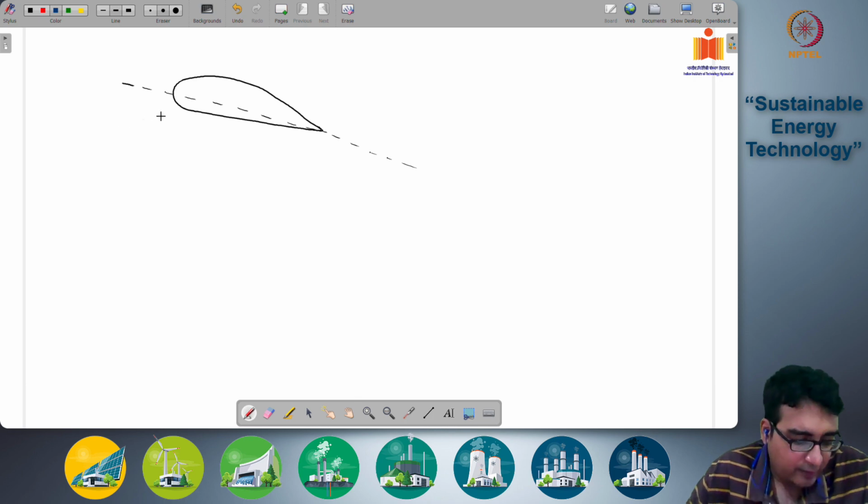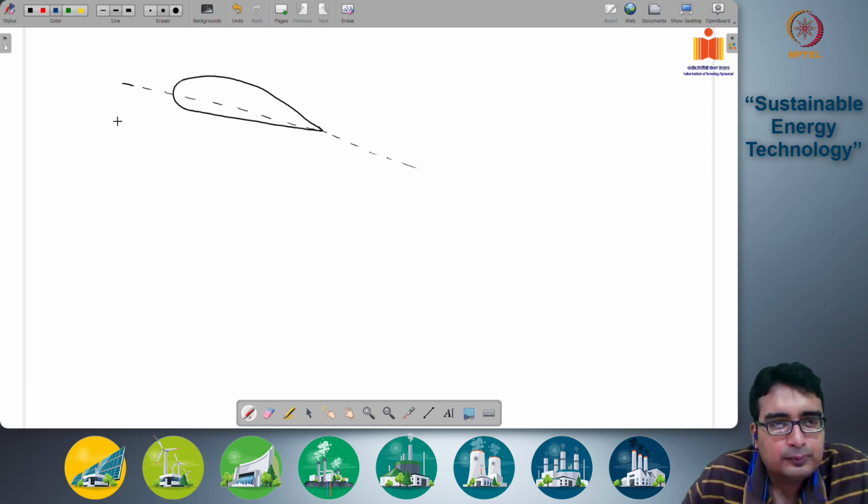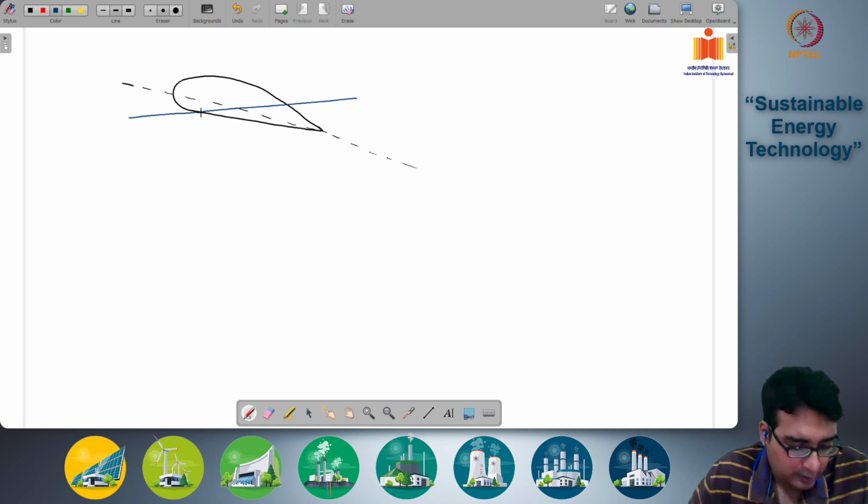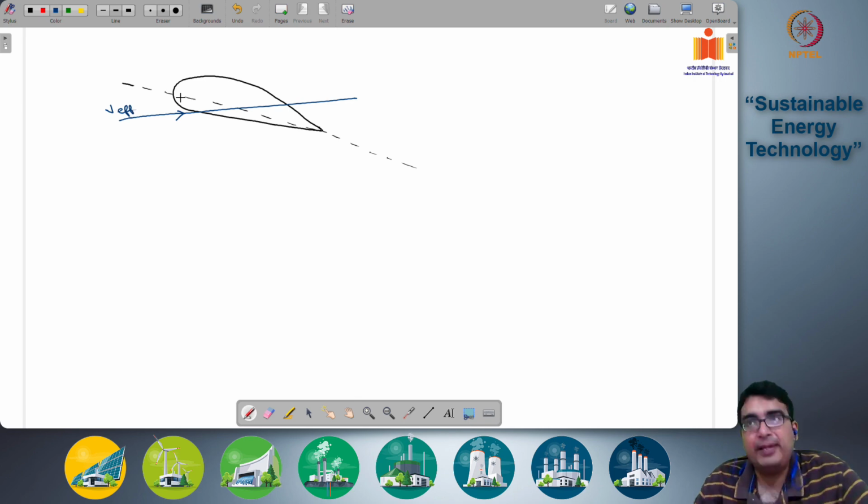The effective velocity, let's say this effective velocity goes like this. So this is your effective velocity. So this is the velocity of the wind with respect to the moving blade.